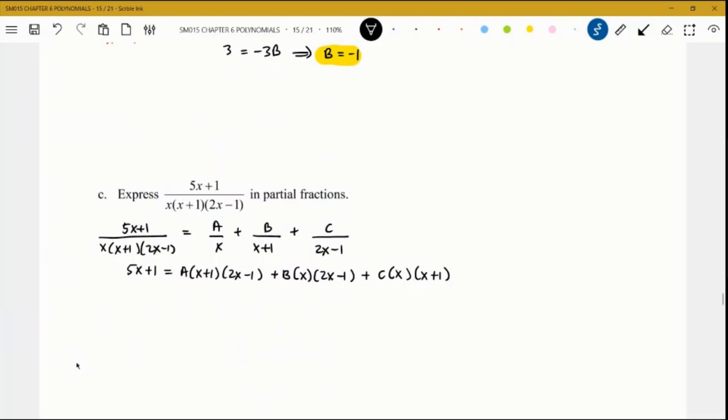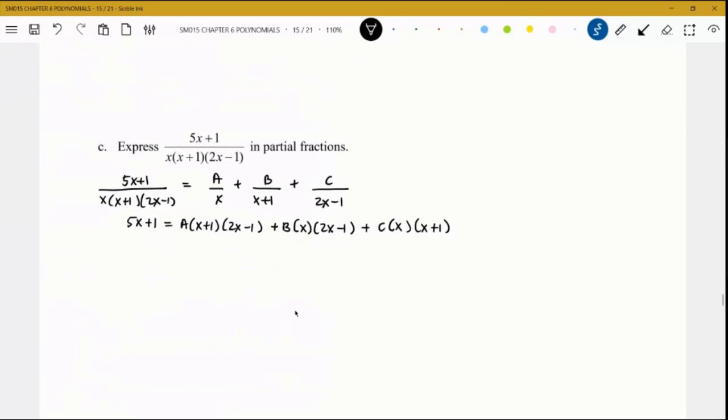So kita perlu cari 3 values of unknown, A, B and C. It means you have to substitute 3 values of x. So x yang pertama adalah x equal to 0. Mana datang x equal to 0? Daripada yang ini. Okay, so you substitute x equal to 0 to the left hand side and right hand side.